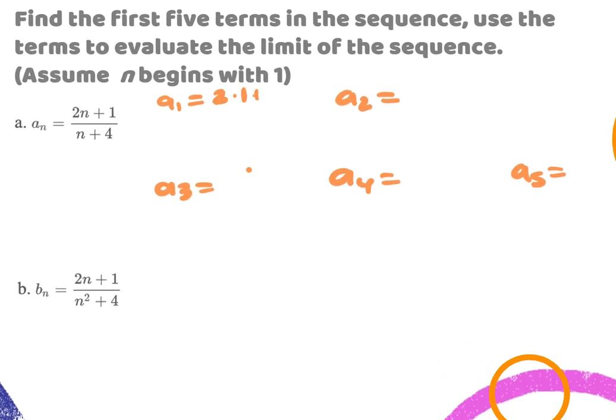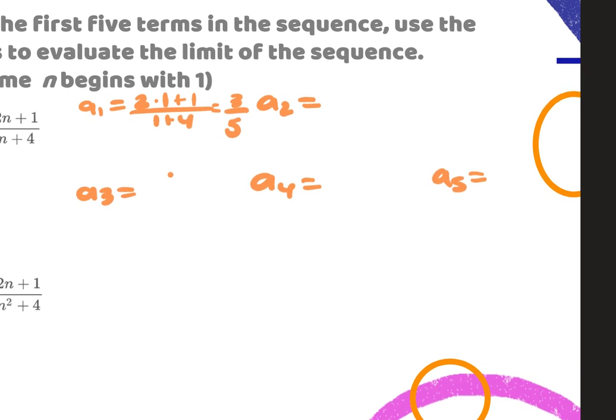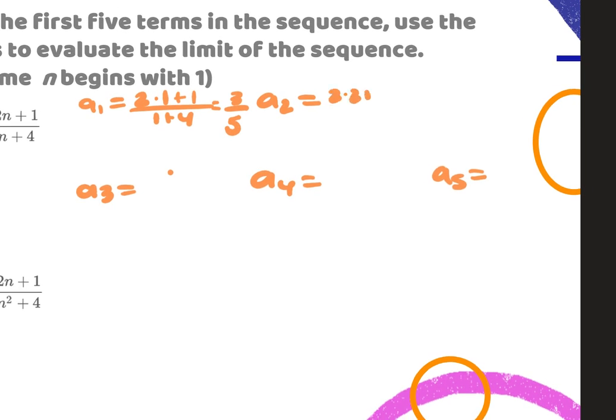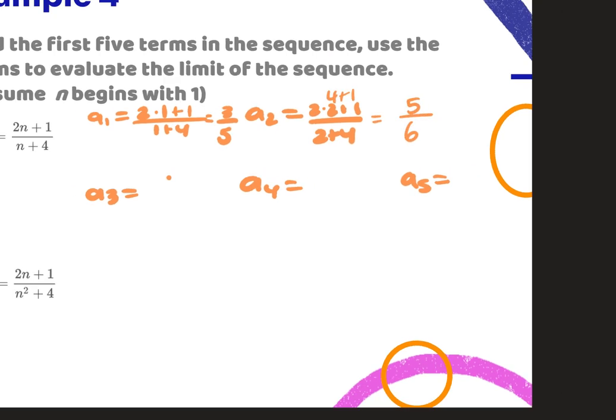2 times 1 plus 1 over 1 plus 4. I get 2 plus 1, which is 3, over 1 plus 4, which is 5. Then I get 2 times 2 plus 1 over 2 plus 4, and I get 4 plus 1, which is 5, over 2 plus 4, which is 6.